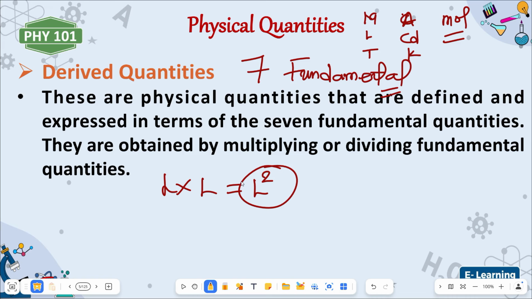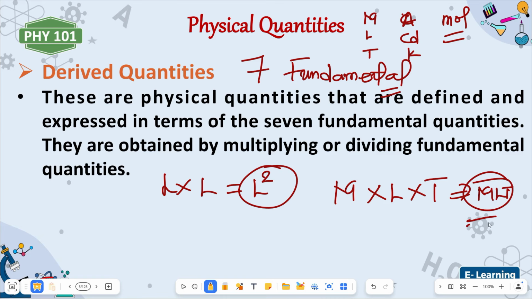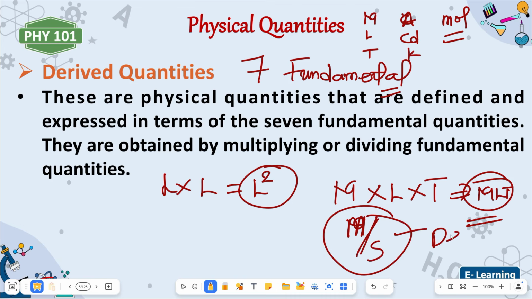If I multiply mass times length times time, what I get is MLT, and this is a derived quantity. Or let us say I put mass, meter per second. This per means division. What I got here is a derived quantity.